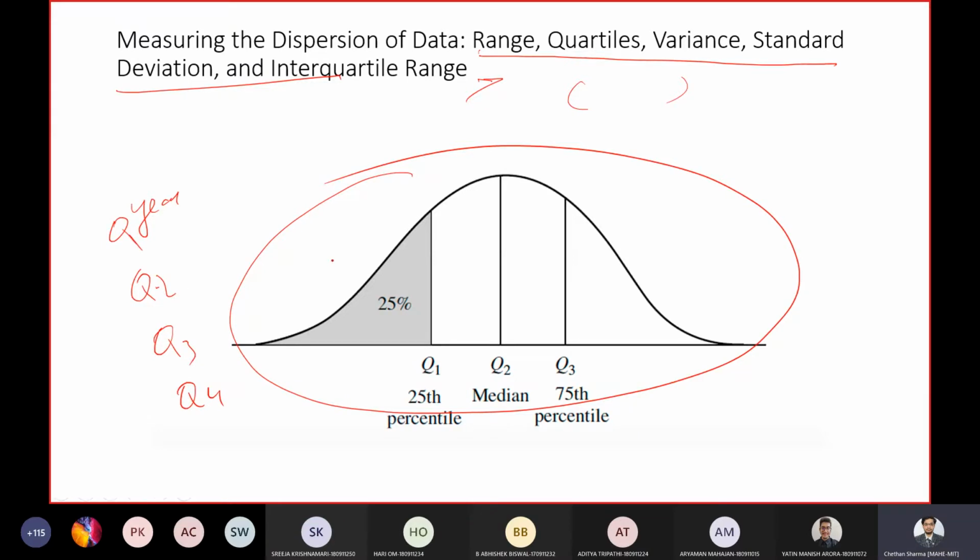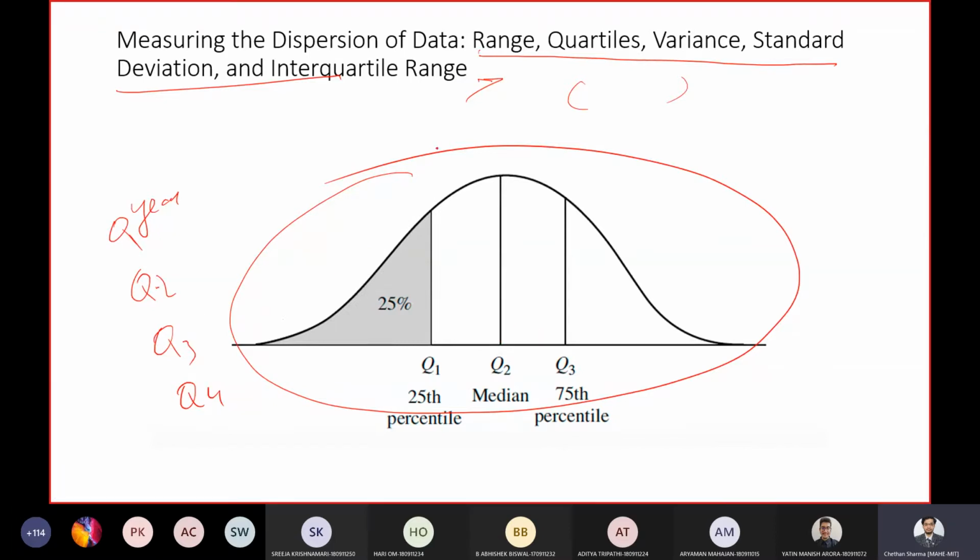The quartiles give an indication about how the data is spread and what the shape of the data is. Here you are getting a perfect bell curve. And what is the center of the distribution?